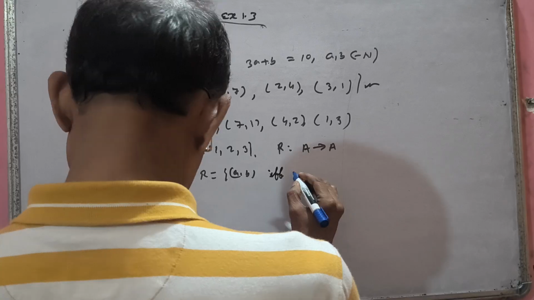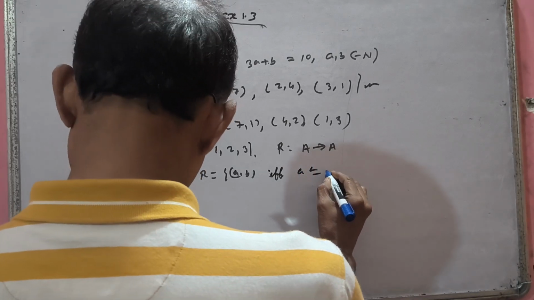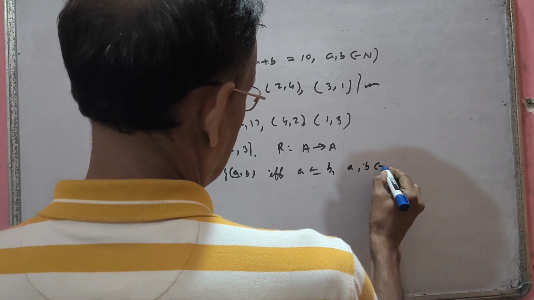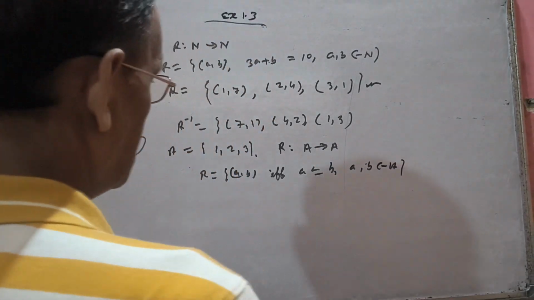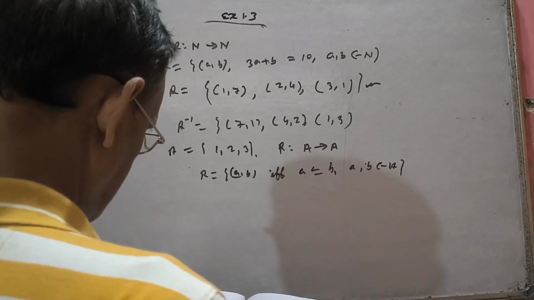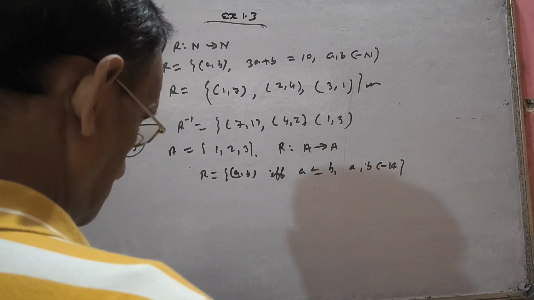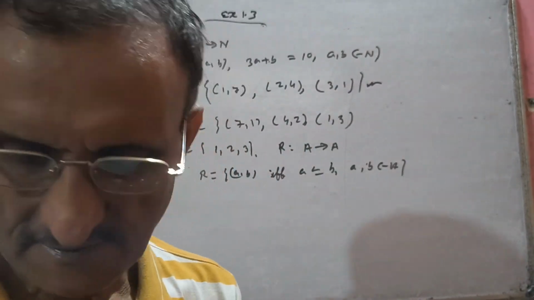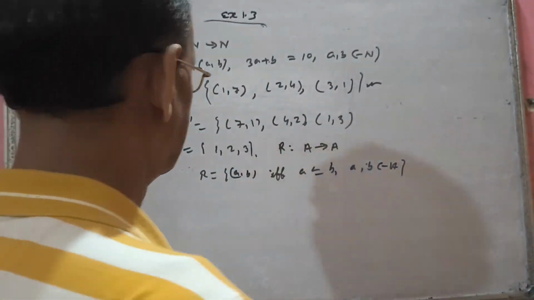a is less than or equal to b, for (a, b) belonging to A. Okay, a should be less than or equal to b. So there are only a few elements, it's not difficult.